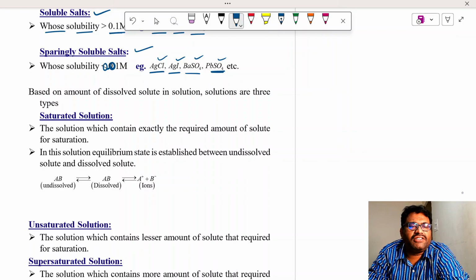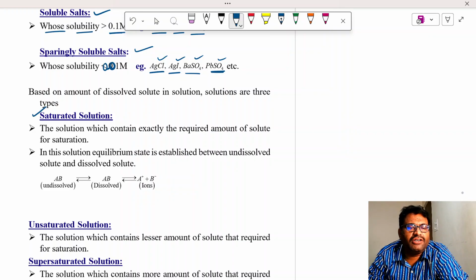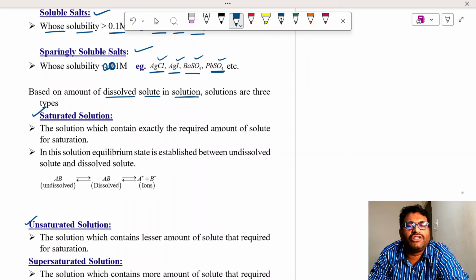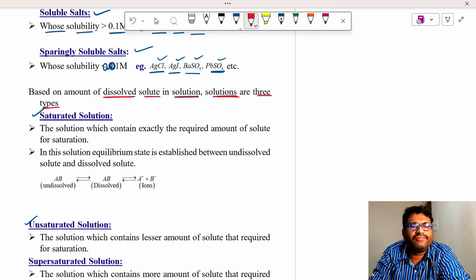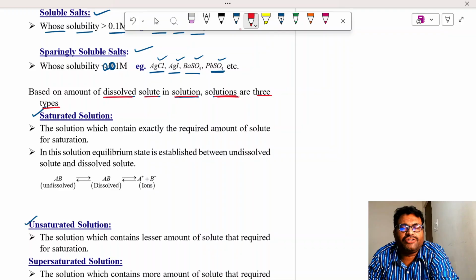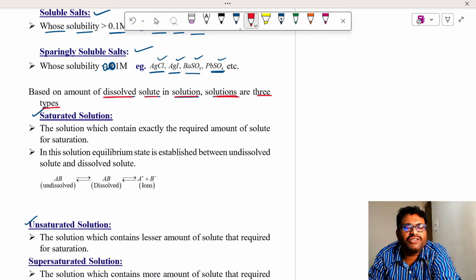So let us take a saturated solution, and based on the amount of dissolved solute in solution, solutions are of three types. One is saturated solution, one is unsaturated solution, and another is supersaturated solution.